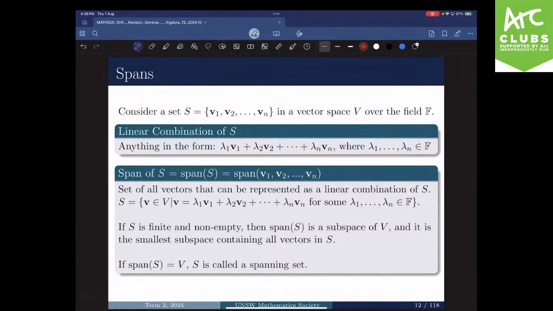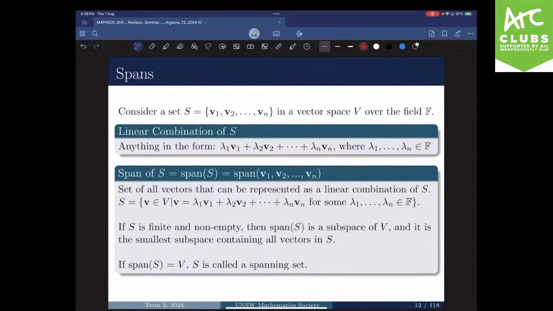We define a linear combination of some vectors v1, v2 all the way to vn, such that we scale each vector by some arbitrary lambda, and that would just be a linear combination. With this in mind, the span of a set of vectors is the set of all linear combinations of those vectors.